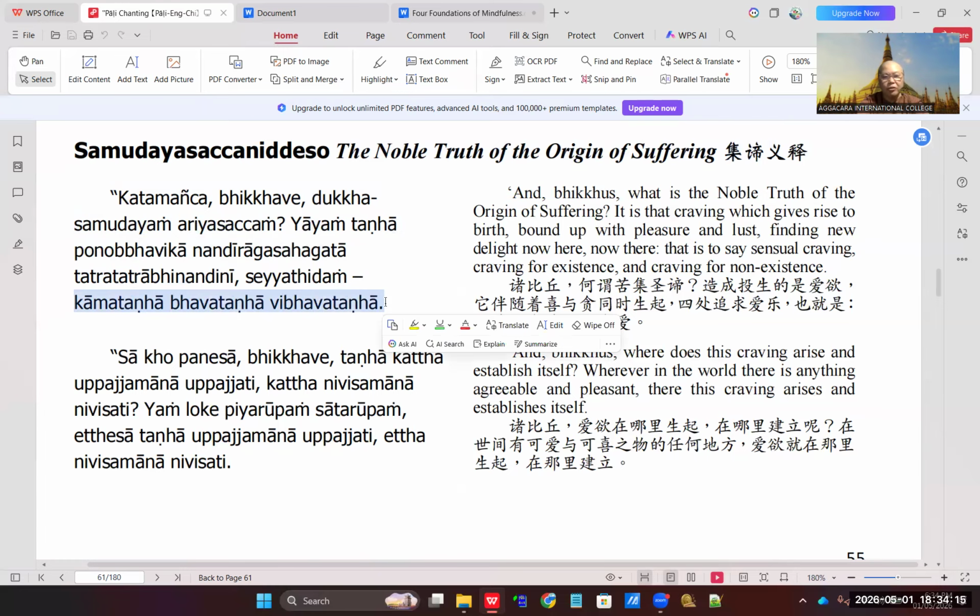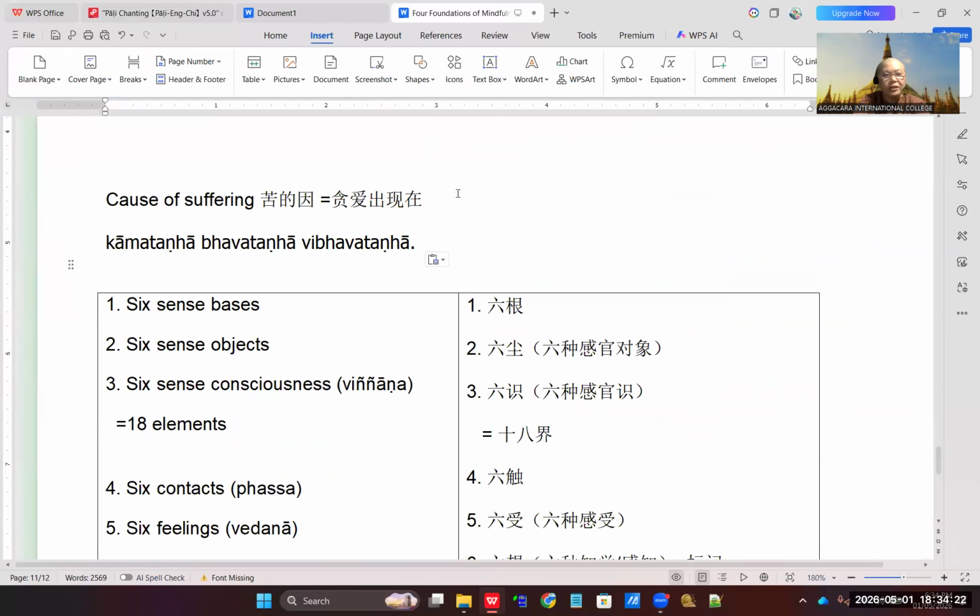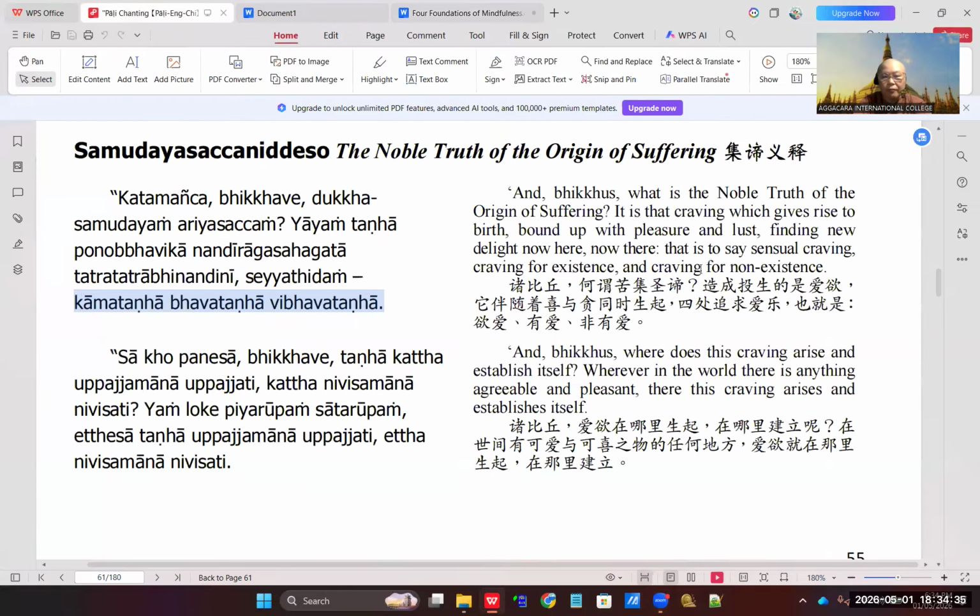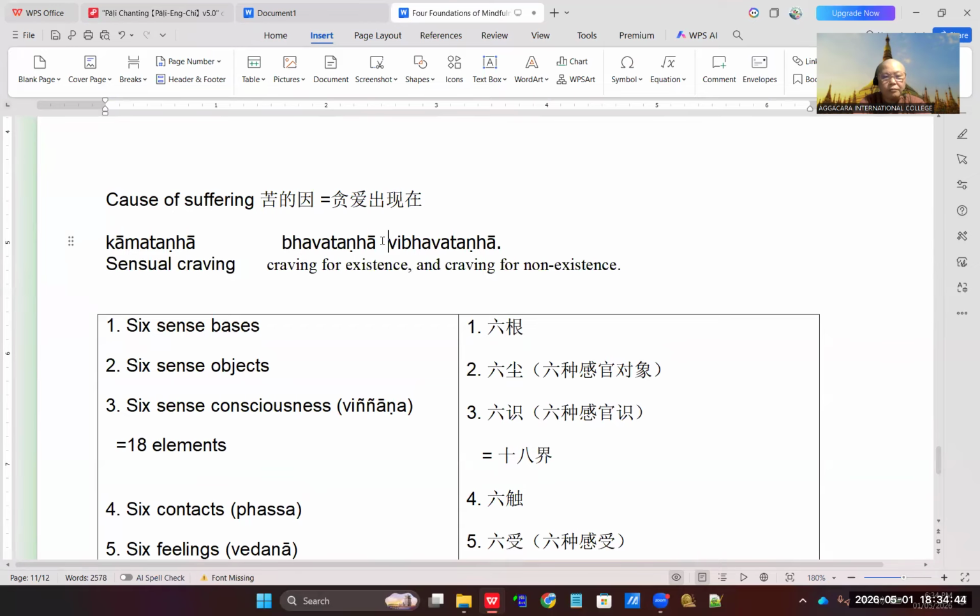It needs some time to explain this, right? Because we have different types of craving. Just now in Chinese, we already saw this one. So this is called sensual craving. Bhava tanha is the craving for existence, and the other is non-existence, right?